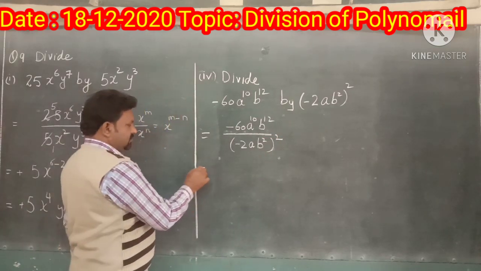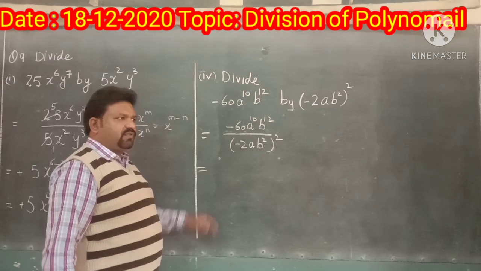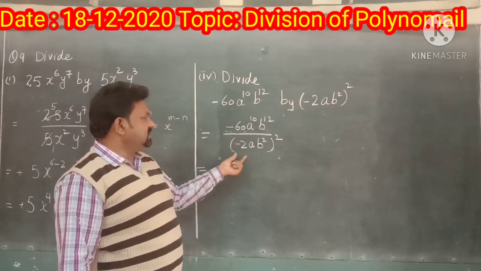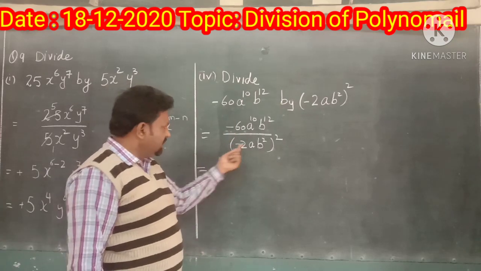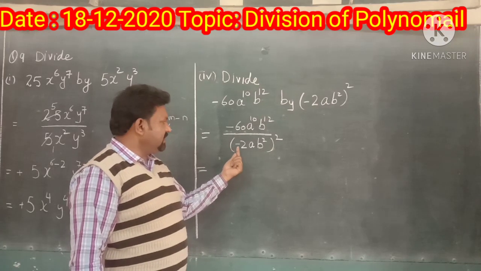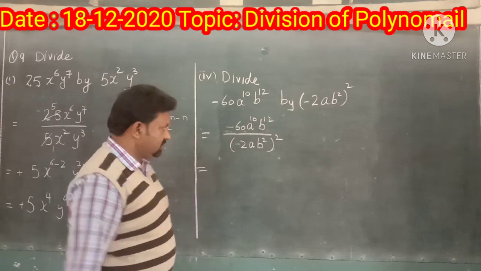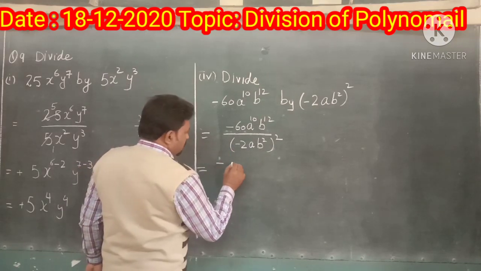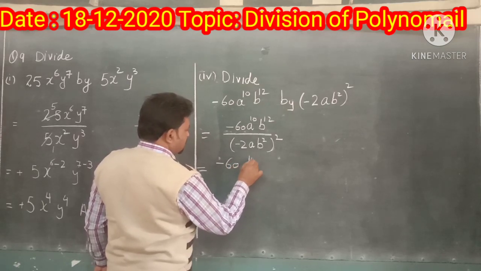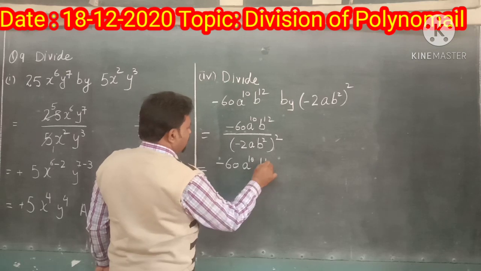So class, before dividing this number on it, first we will remove the whole power of minus 2 a b square.